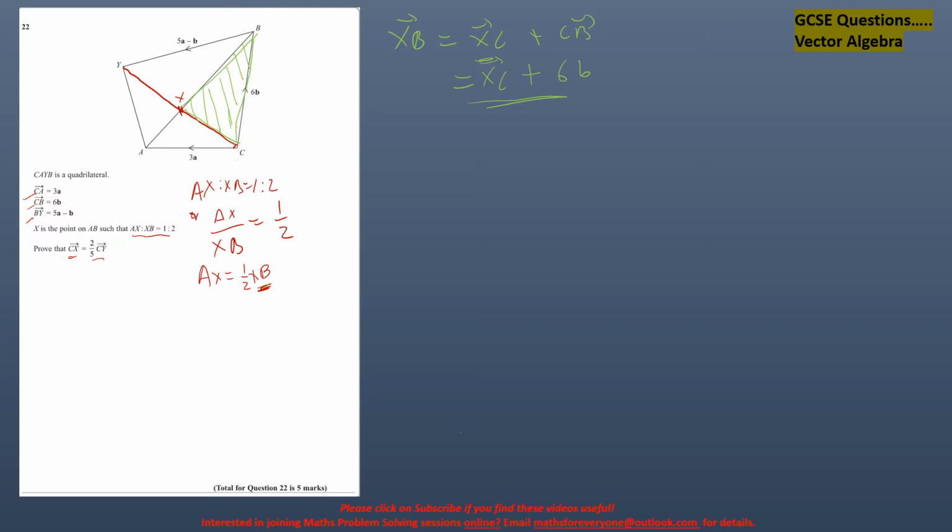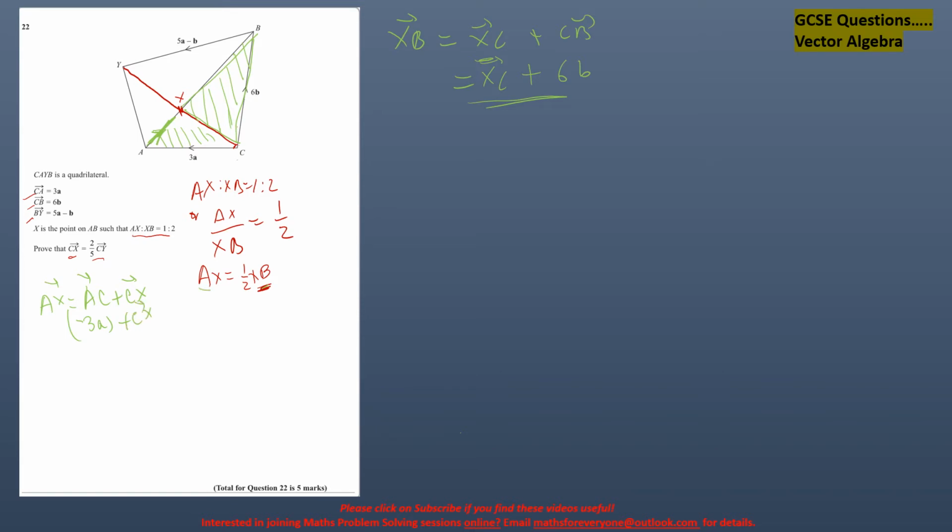Now if you look at AX, which is this one, and if you look at this part of the figure, AX will be pointing this way, so AX equals AC plus CX. AC is minus 3A, because CA is 3A, so AC is going the other way, so we go with a negative sign, plus CX.